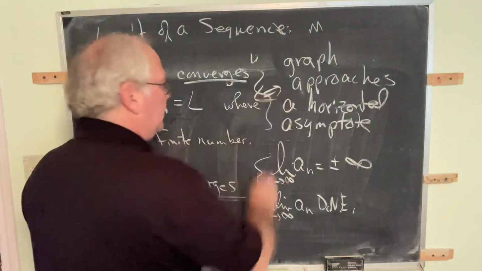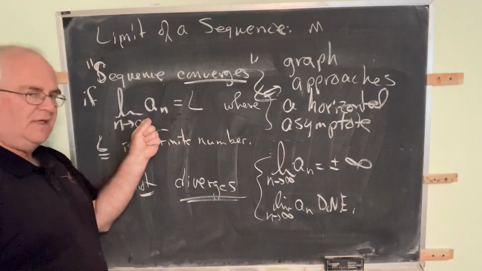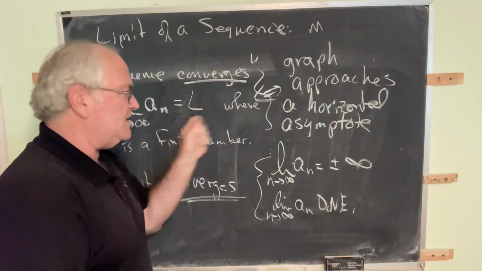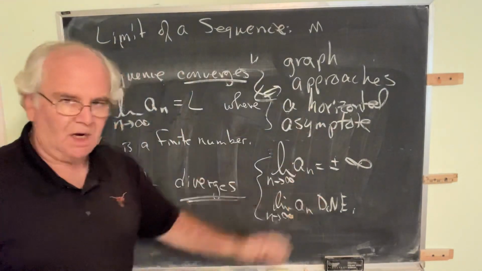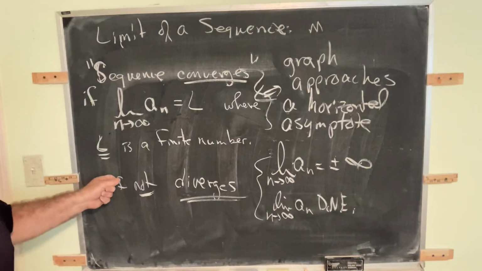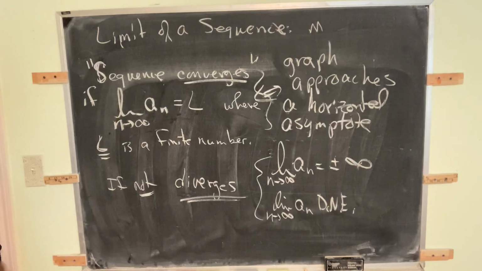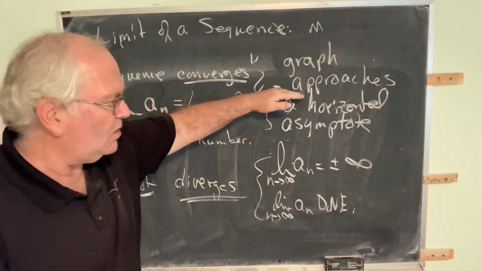In fact, this is if and only if. The graph approaches a horizontal asymptote if and only if the sequence converges. These are the same. So if the graph does not approach a horizontal asymptote for any reason, then we say the sequence diverges. So the sequence converges if the terms approach a horizontal asymptote.